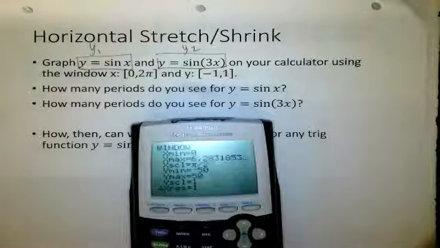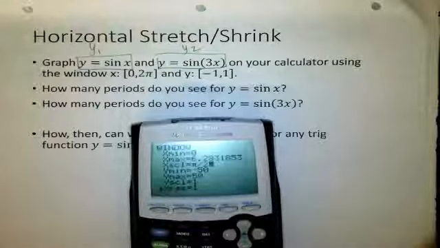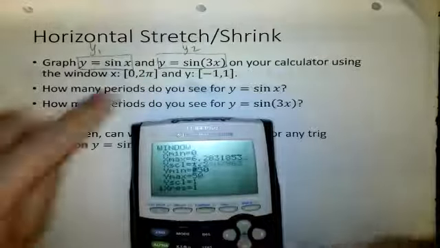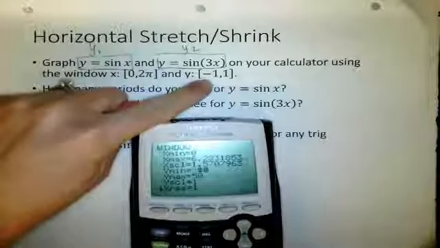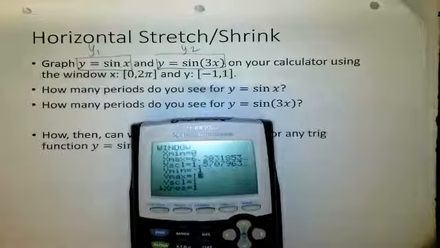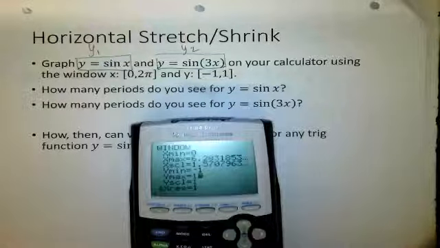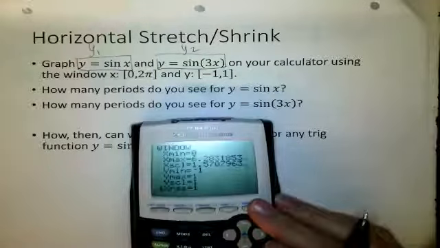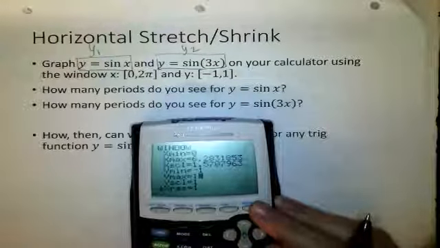What's each tick mark? And then for my y minimum, I'm going to do -1, and the y maximum, I'm going to do 1. So changing the window, very good idea. And then once you do that, you can graph it.